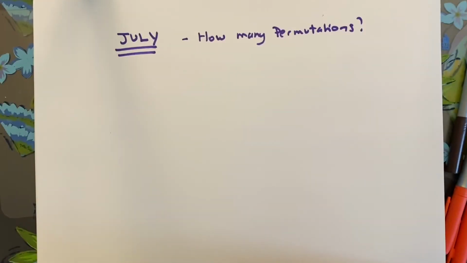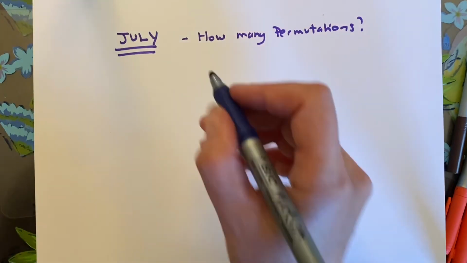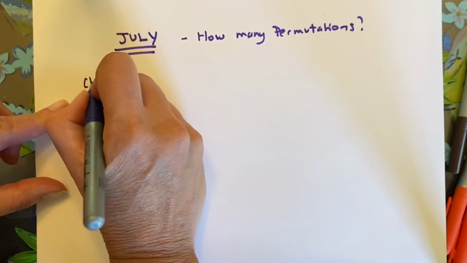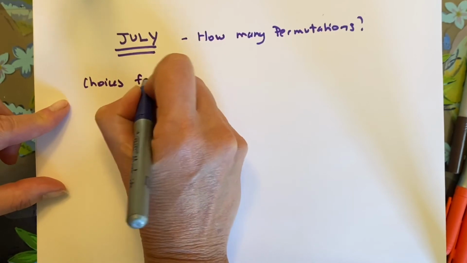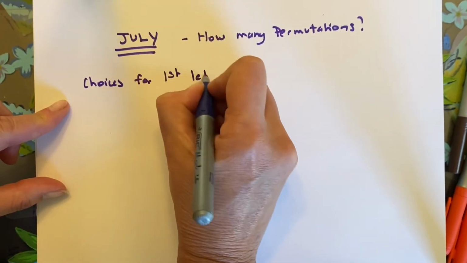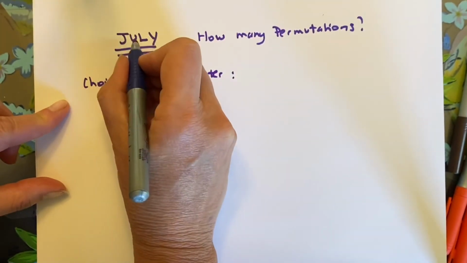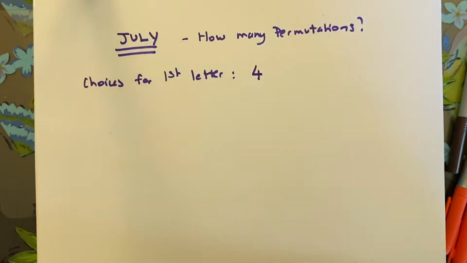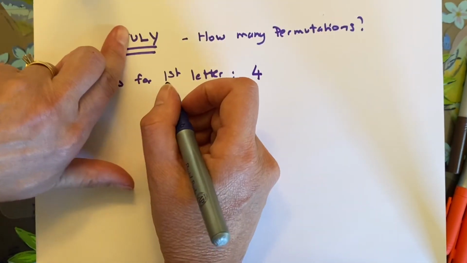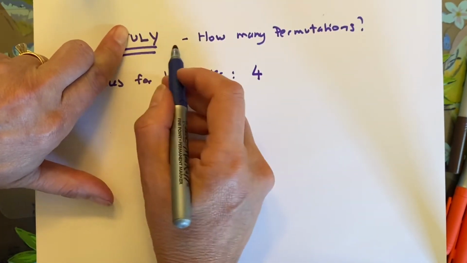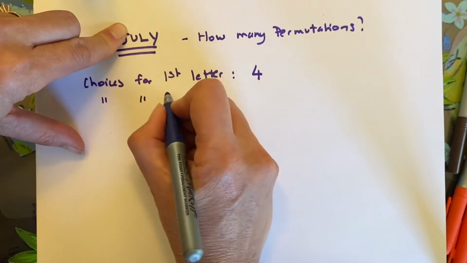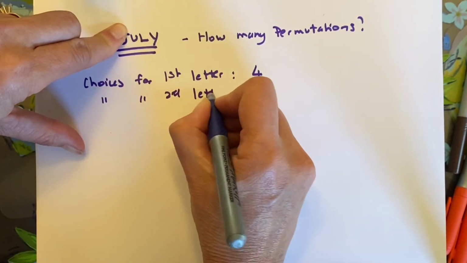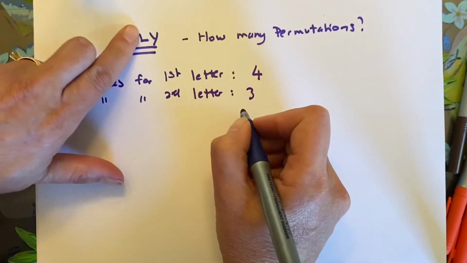Well, you always start with the first letter. So what are all your choices for the first letter? Well, you have 1, 2, 3, 4. So I have 4 choices for my first letter. Once I've picked one, then my choices have narrowed. I only have 3 left. So my choices for my second letter is now 3.